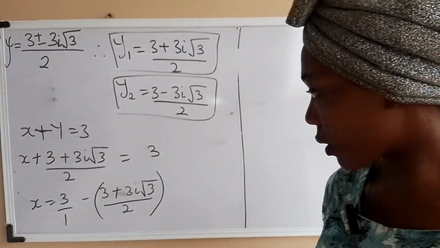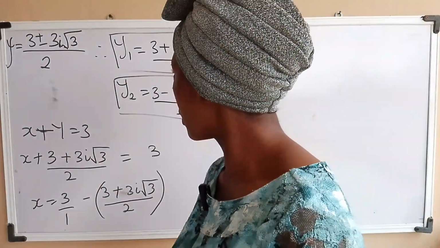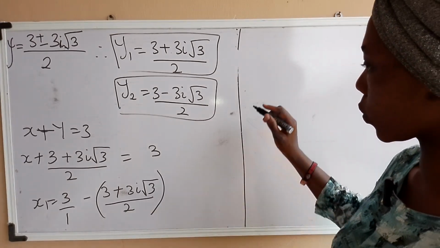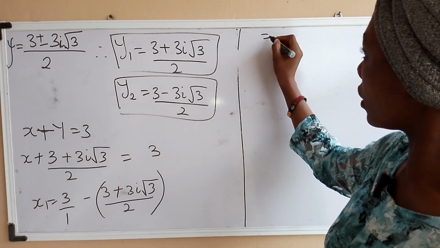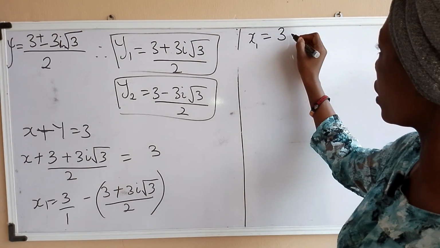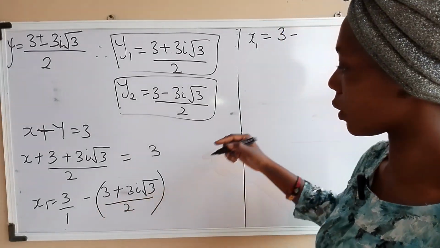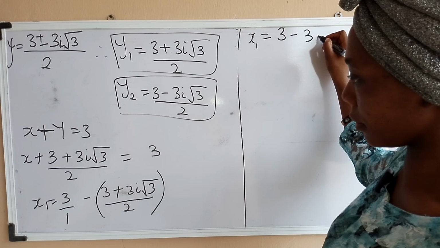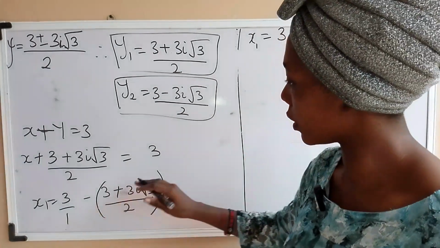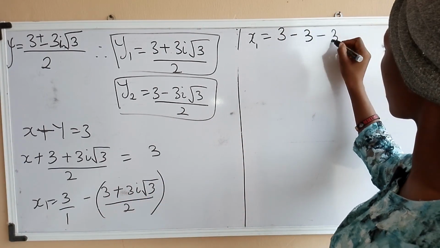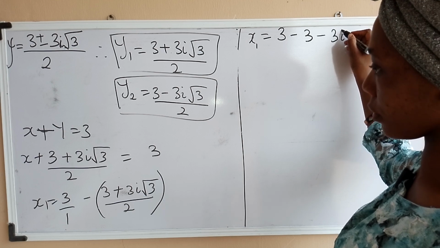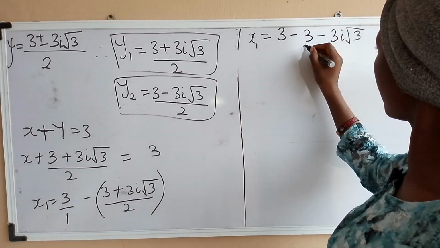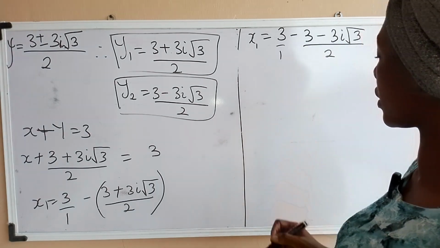Okay, so this is x1 we're trying to look for now. We're trying to use y1 to look for x1. So with this one now, we're going to say x1 is equal to 3 minus, opening the bracket with all of this, minus 3, minus 3i, minus twice, square root of 3, all over 2, all over 1.